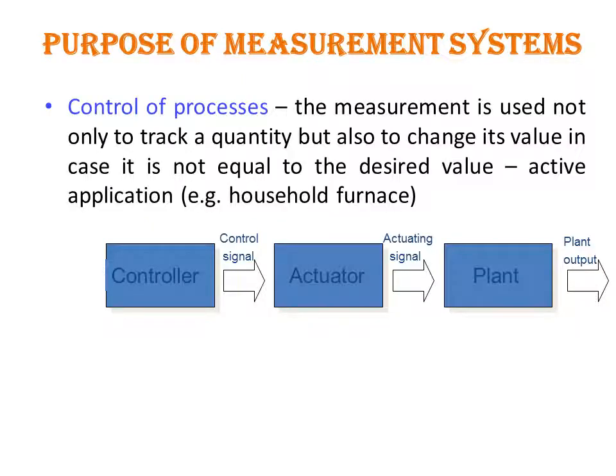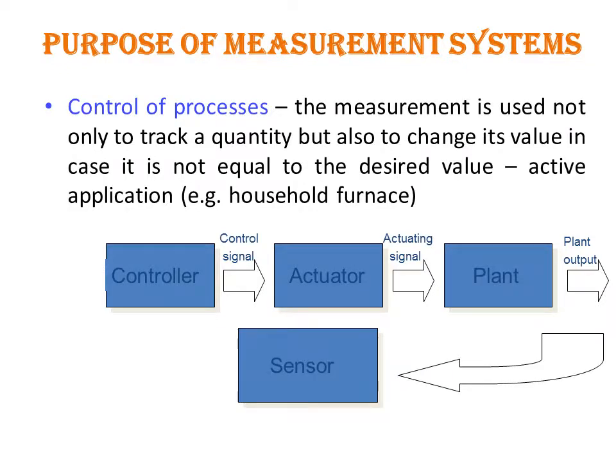Finally, in the application where not only the measuring or monitoring the process, measurement system also helps us in controlling the process. As you can see in the diagram, there is a controller which gives a control signal to an actuator, and the actuator is the one which gives the input to a plant. Now, the output of the plant is given to a sensor.